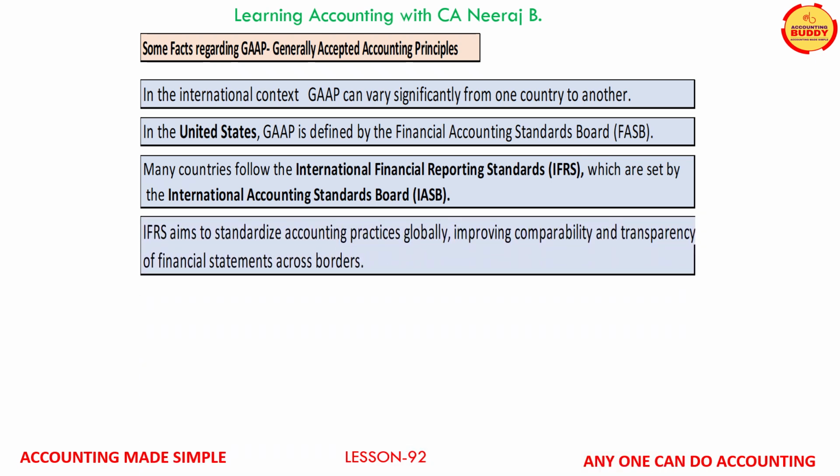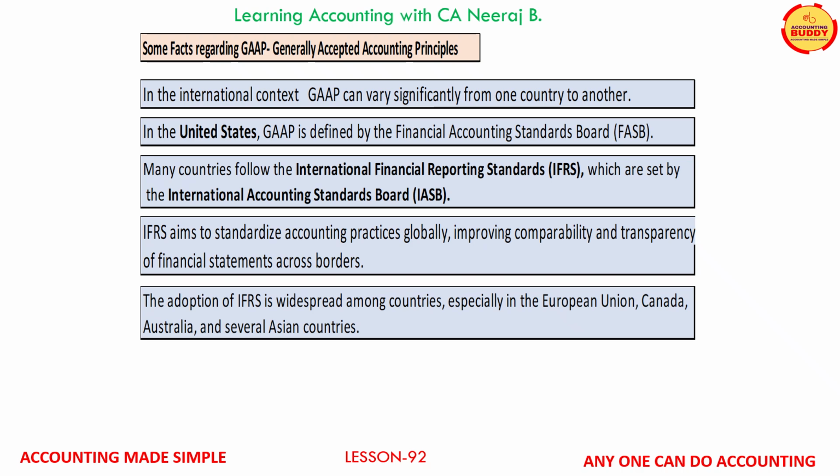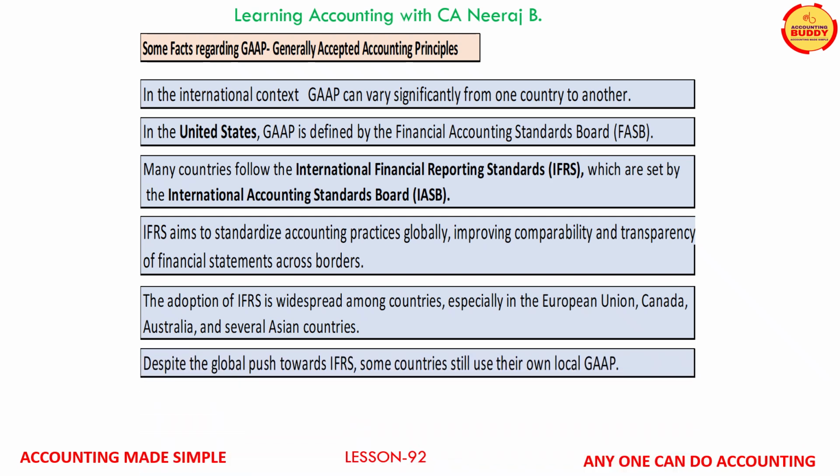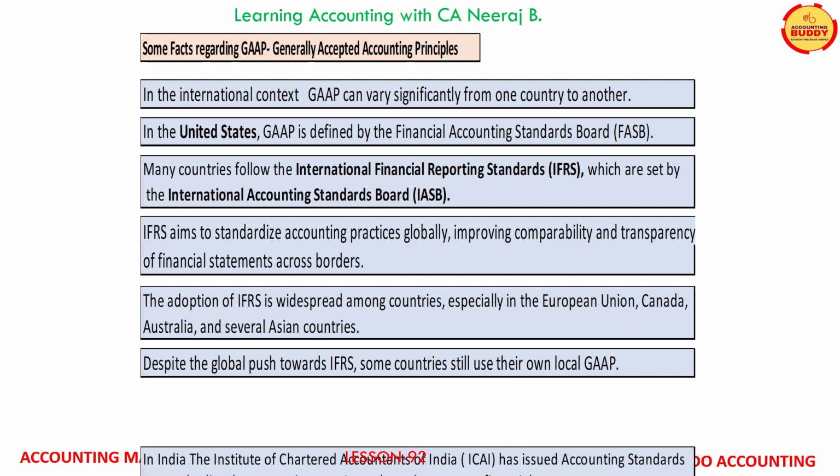IASB is aiming through IFRS to standardize accounting practices globally so that there is more transparency and improved comparability of financial statements across the globe. European Union countries, Canada, Australia, and several other Asian countries have adopted IFRS, but still many countries use their own local GAAPs.